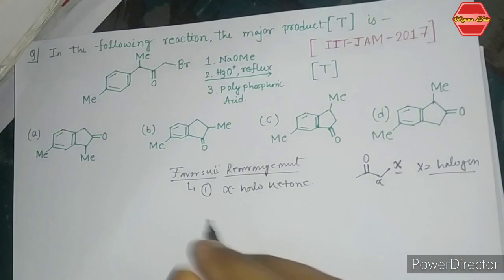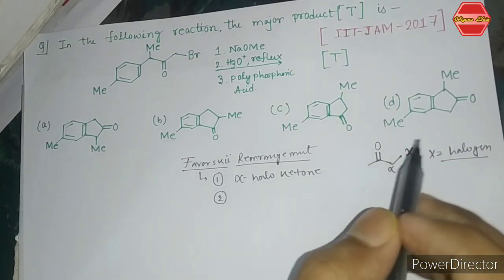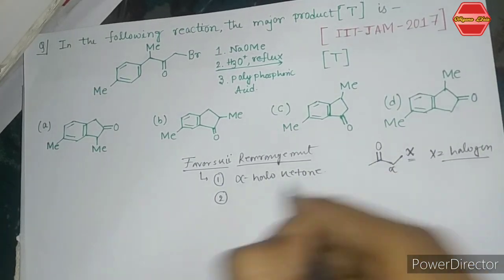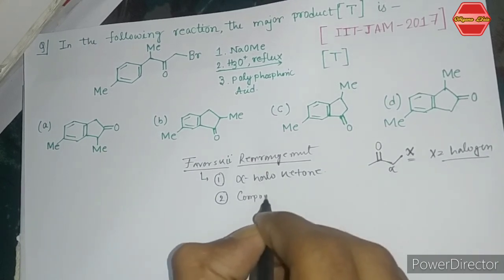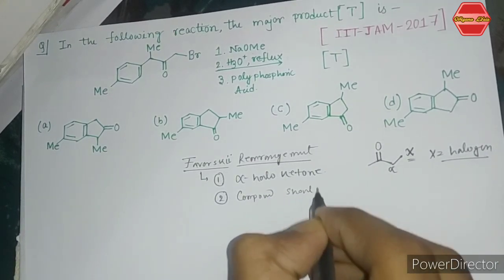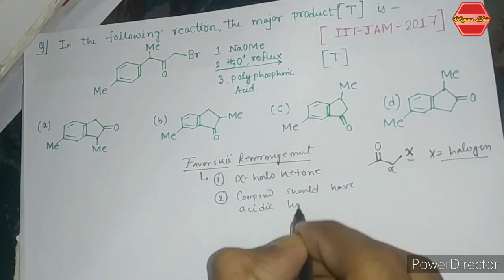Now there is one more thing: the compound should contain an acidic hydrogen. So the second point is the compound should have acidic hydrogen.